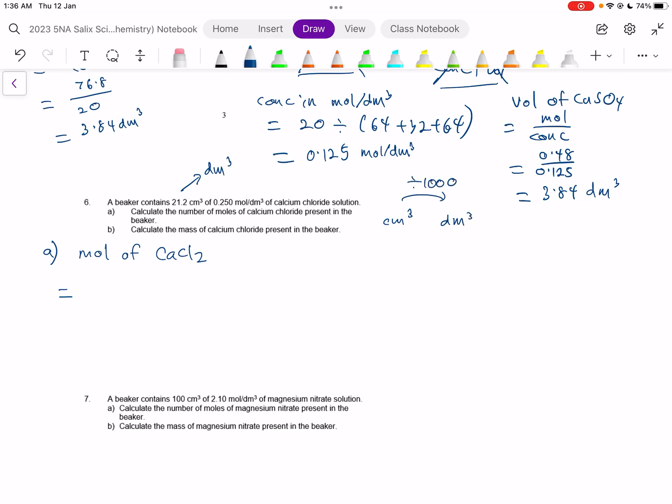Then the formula you are using is concentration times volume gives mole. 0.25 multiplied by volume, 21.2 over 1000. I'm doing a conversion in this step as well. So this is 0.0053 moles.